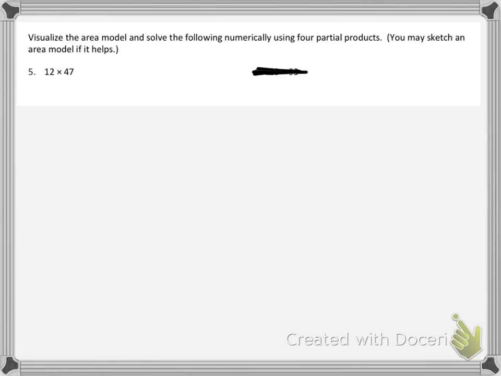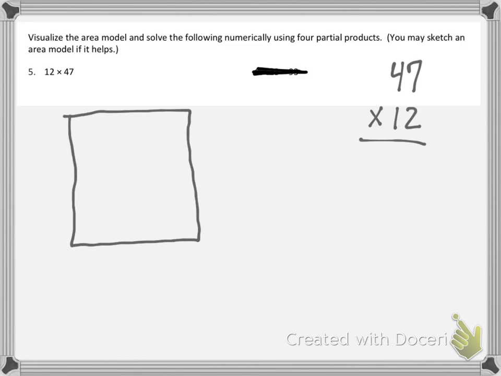All right, and the next one is 12 times 47. So I'm going to put 47 times 12. And we are going to try to visualize, but let's just practice making that area model. And remember, my bigger side is because it has a bigger digit, and there's my smaller side. All right, and forgive me my pathetic looking boxes here.